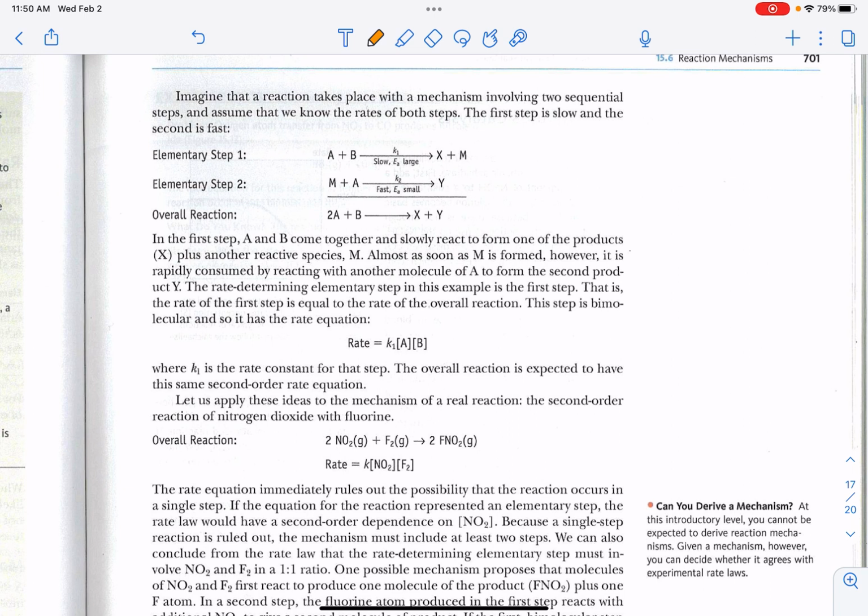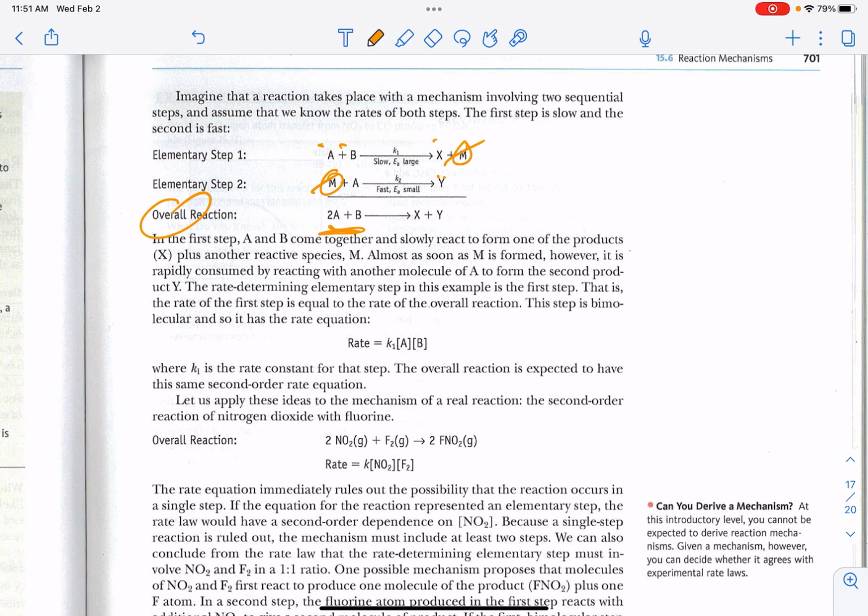Elementary step 1 combines A and B to produce 2 products, X and M. And then in elementary step 2, we have my reaction intermediate M also combining with A to produce some compound Y. And so when I add up the reactants and the products, my reaction intermediate produced in step 1 is consumed by step 2, and it doesn't show up in the overall reaction. 2A plus B produces X plus Y. You notice that overall this is termolecular, but we do not propose a termolecular elementary step, because that is very, very unlikely.